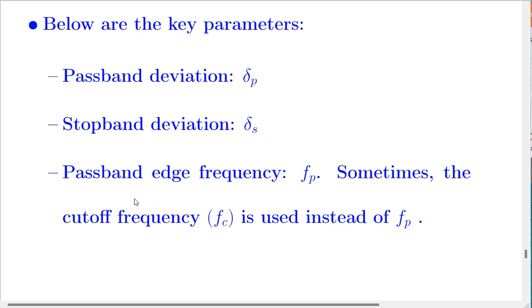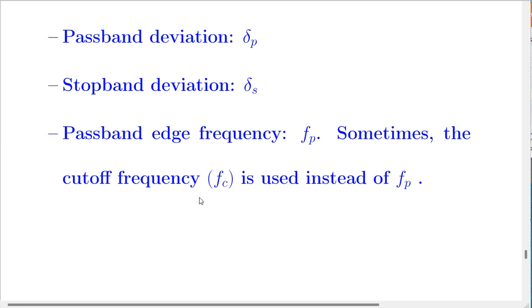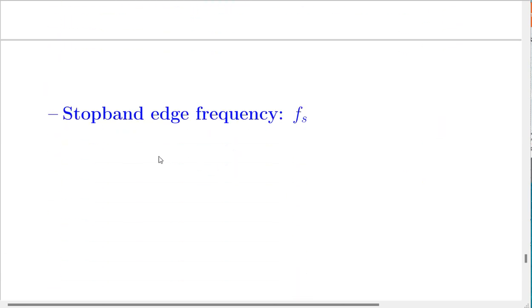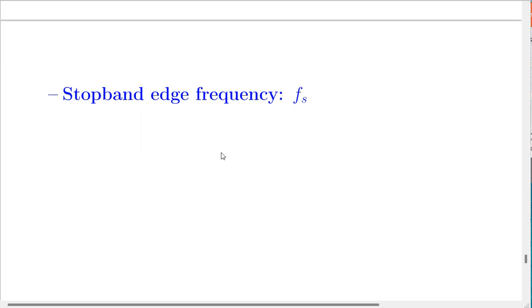You have lots of problems to think about, so ignore whether FP or FC is used. They are near each other. The stop band edge frequency is denoted as Fs. Please be careful about capital F, which stands for sampling frequency.